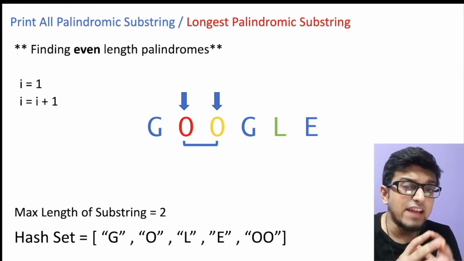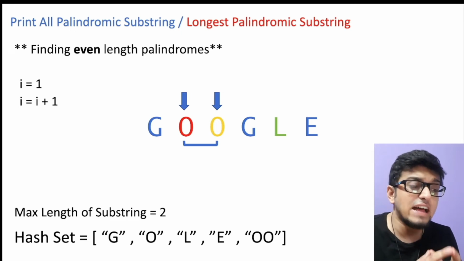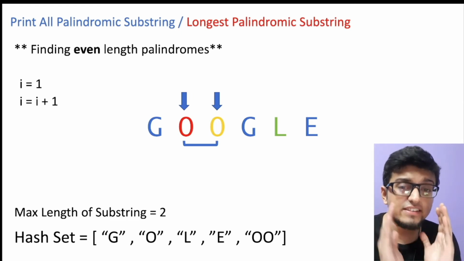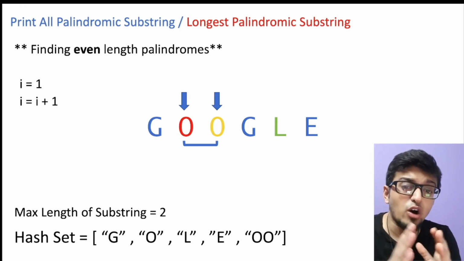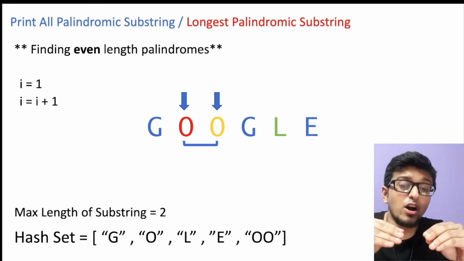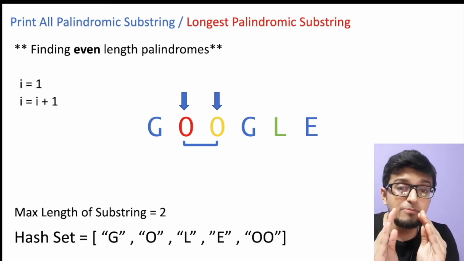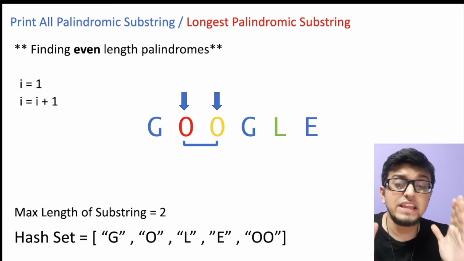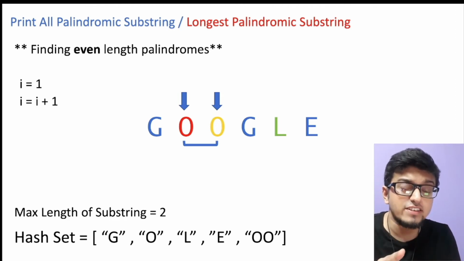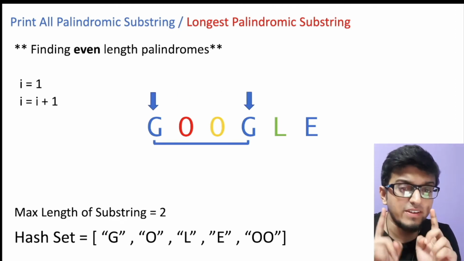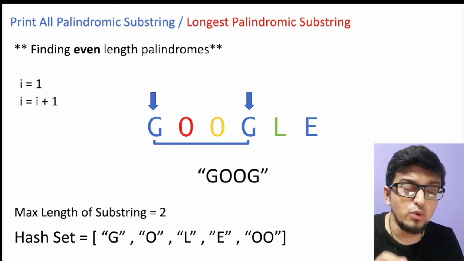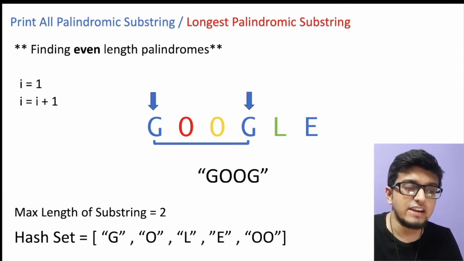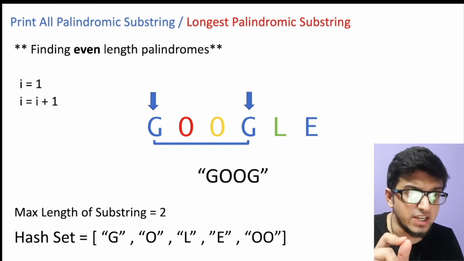Now within this algorithm, since we are considering that the characters under consideration are the middle part of our palindrome, all the characters beside that middle part should also be equal, and if they are equal we will also consider that as one of the palindromic substrings. And thus we will increase our window size, and the substring which we are getting is GOOG.